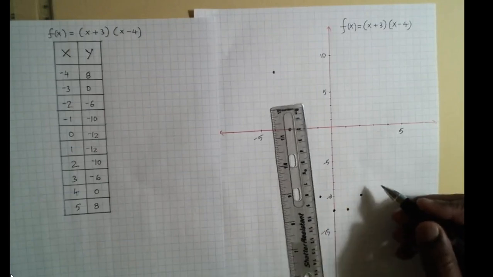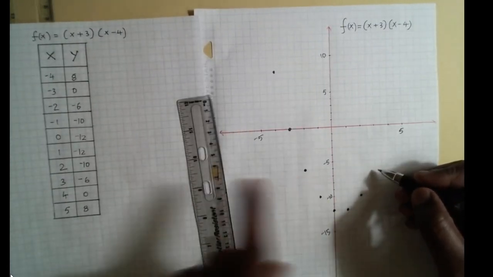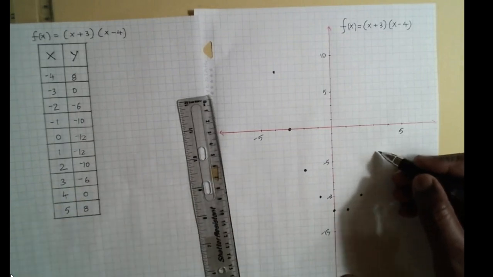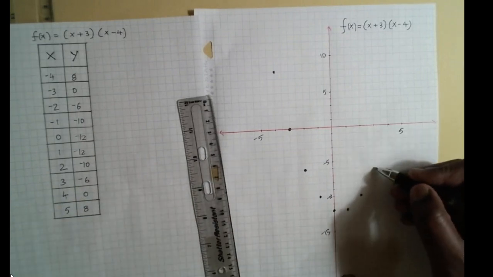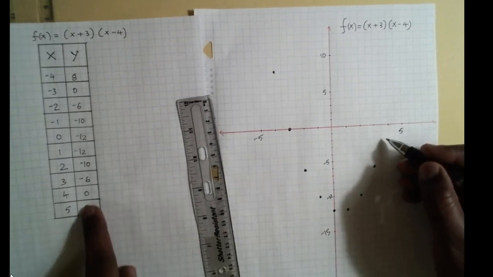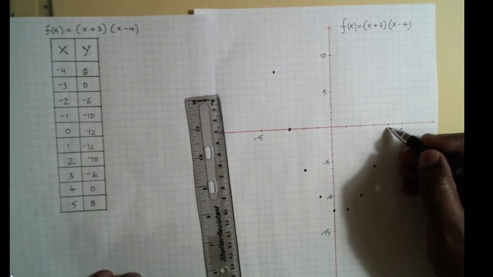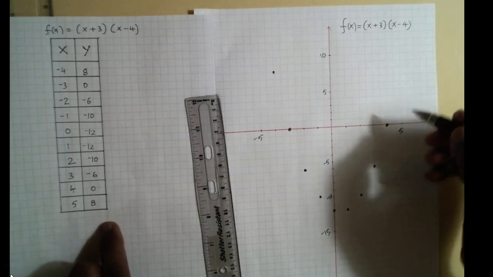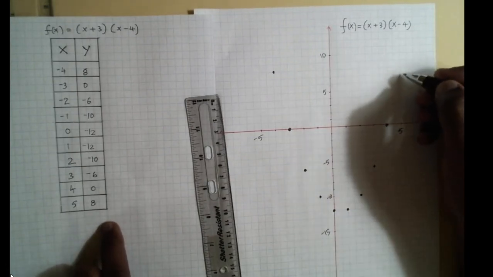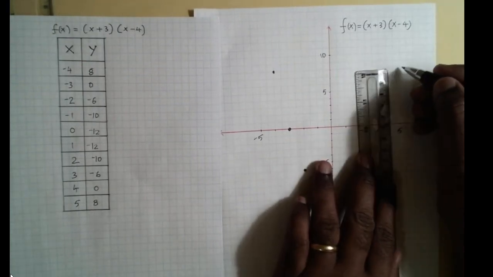Then 3 goes to -6. 4 is 0, right? 4 and 0. Then 5 takes 8. 5 is here, this line, let me not miss it, and 8 there.